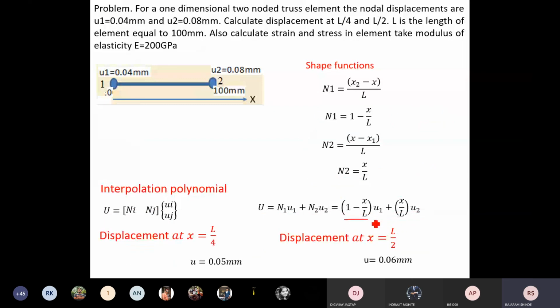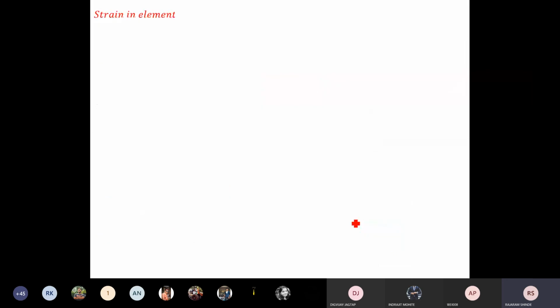This is your displacement equation, or your interpolation polynomial, and you take the derivative of this. Or you can write it in matrix form and take the derivative. Whichever method you feel is simple, you can follow.